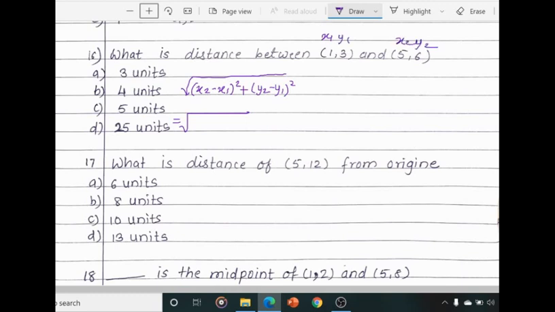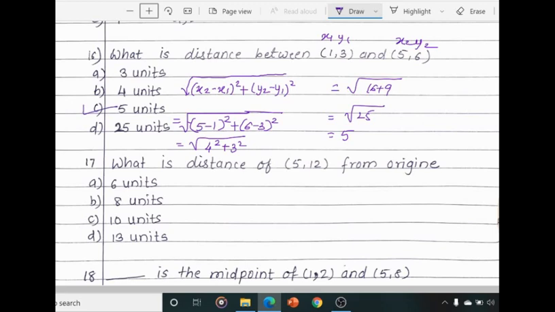These are the 2 points given. Put the values: 5 minus 1 square plus 6 minus 3 square, that is under root 4 square plus 3 square. We know the value of 4 square is 16 and 3 square is 9. So under root 25, the answer is 5.